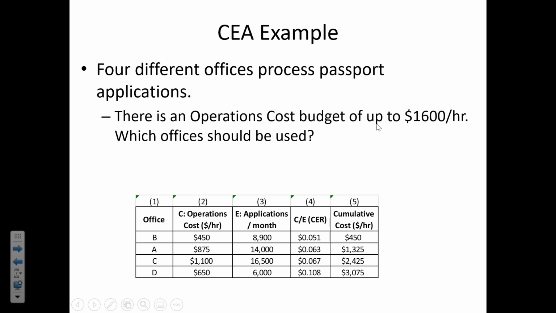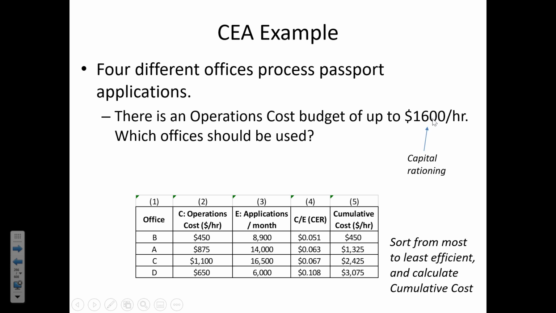And what if the budget was $1,600 per hour? What if that's our capital rationing parameter? Then what we would want to do is operate Office B and Office A, because we're going to maximize the number of applications that get processed if those are the two offices that we have open.